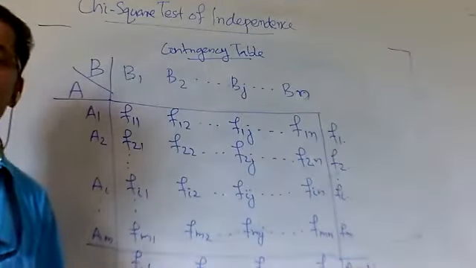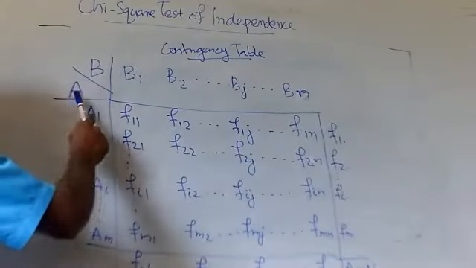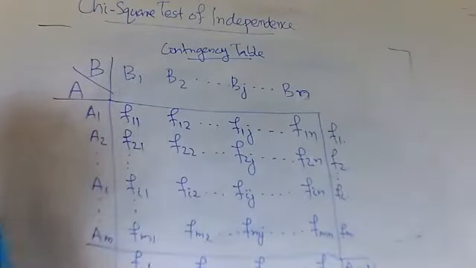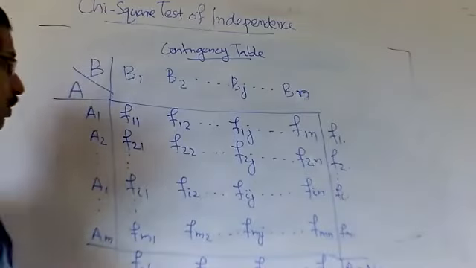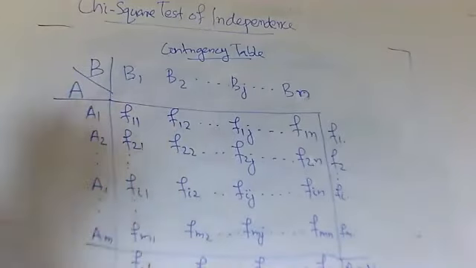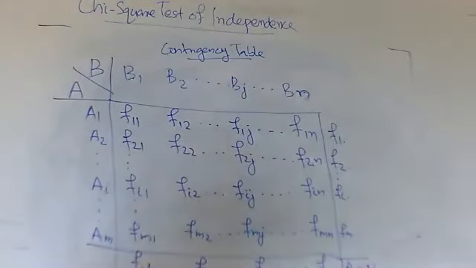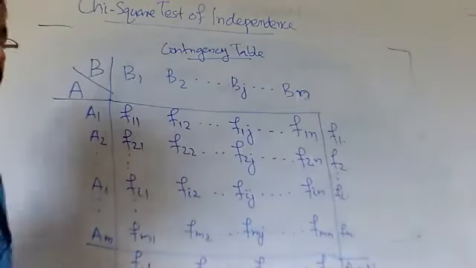So we have to test whether these attributes A and B are independent. You have to be familiar with the notations I used here.